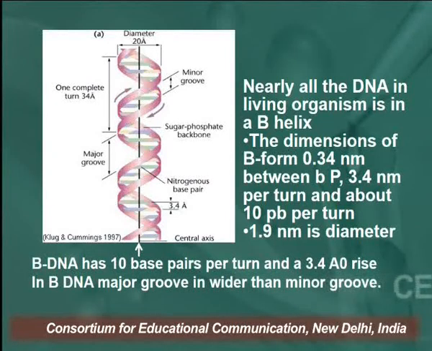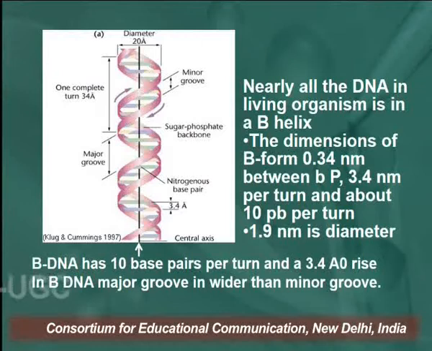The dimensions of the B form are 0.34 nanometer between base pairs, 3.4 nanometer per turn, about 10 base pairs per turn, and 1.9 nanometer diameter.